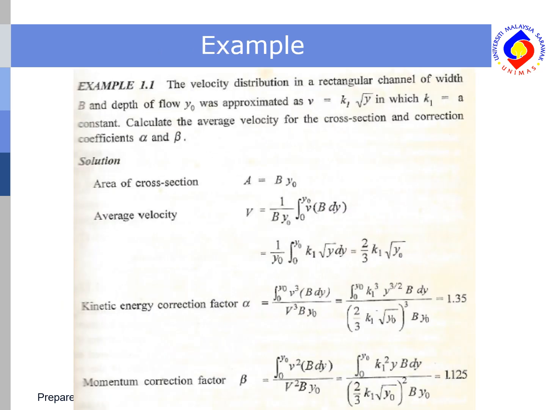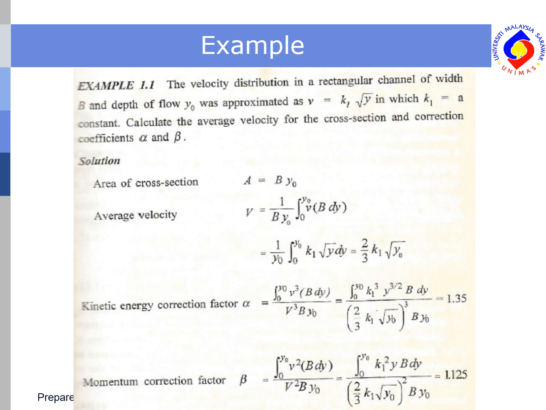In this example, the velocity distribution in a rectangular channel of width b and depth of flow y0 was approximated as v equal to k1 square root of y, where k1 is a constant. You are to calculate the average velocity for the cross-section and the correction coefficients alpha and beta.